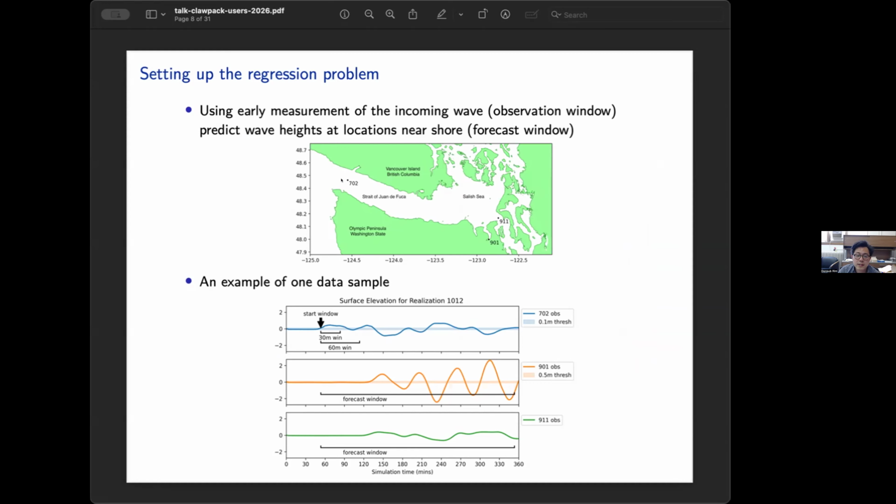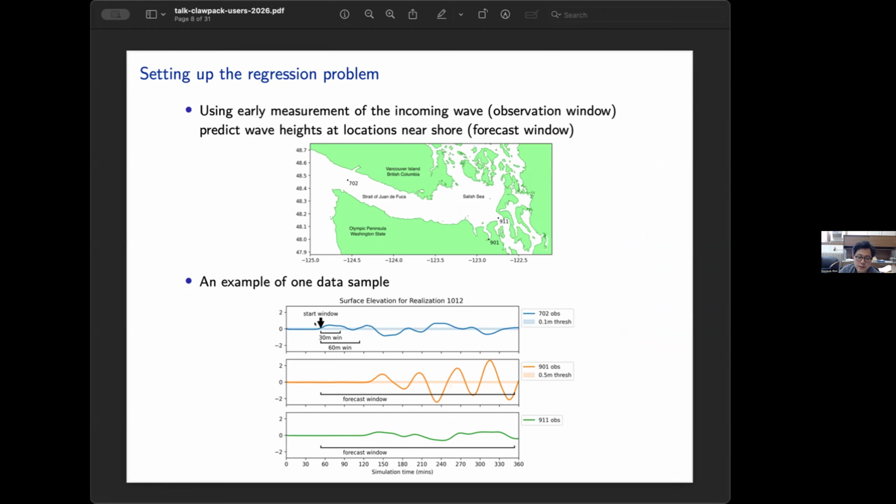Since the depth here is pretty deep, the tsunami surface elevation is not going to be very high. Whereas by the time it arrives at the 901 gauge, which is near Discovery Bay, you'll see lots of nonlinear phenomena happen. So it's not an easy prediction task. For example, there's an example of a randomly generated synthetic tsunami waveform that comes in.